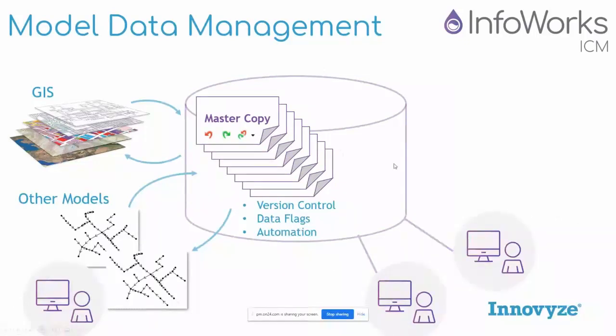Once it's in there, you can do the version control, the data flags. My favorite piece is having SQL queries, which is really your power tool when working with data. And I think Ryan's going to mention that a little bit later. We've done Water Talk presentations on that. But you have a lot of tools for cleaning up and building up the data integrity, and you can have multiple people working with that.